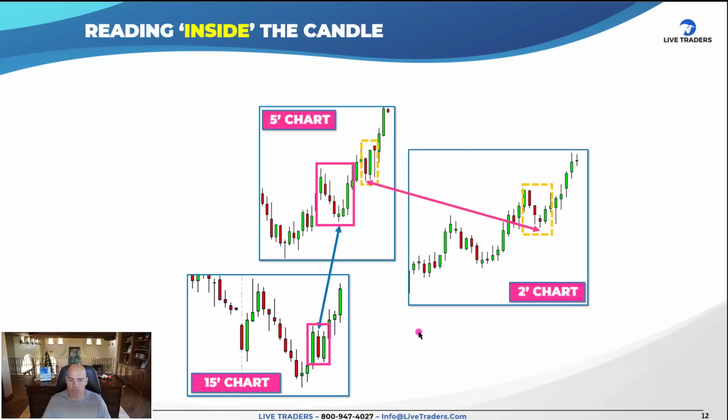This is that chart you just saw, reading inside the candle. We have a 2-minute, a 5-minute, a 15-minute. So the lower low right here, that's actually the 15-minute chart. And then I added the other charts to it to make it one string of a chart. But really, everything you just saw, let's go back. I want to show you.